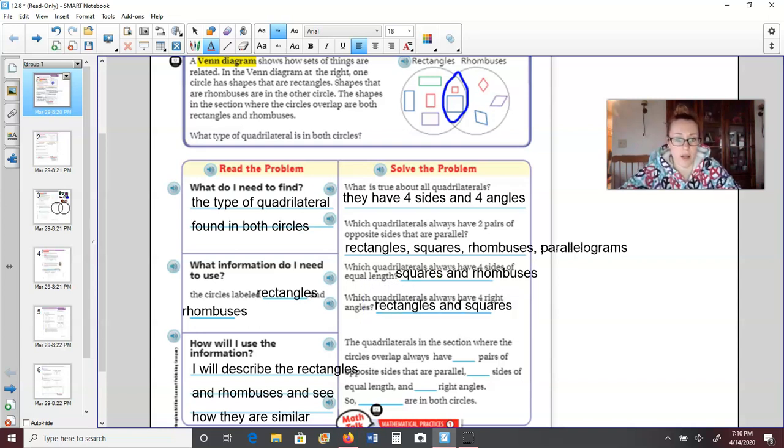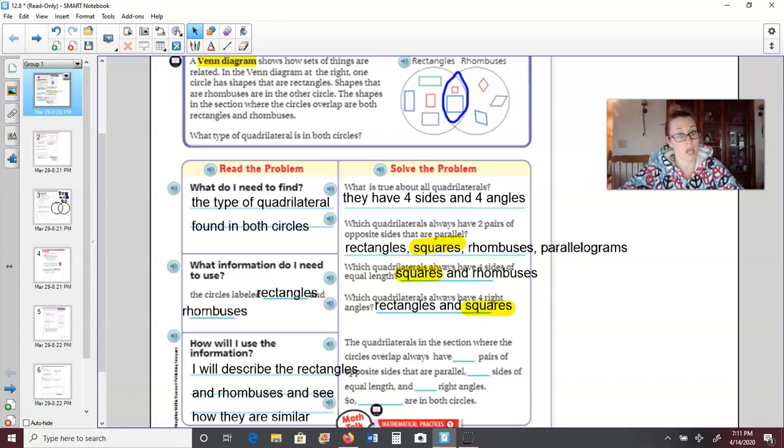So when we think about this, which type of quadrilateral did we kind of list in each answer? I'm seeing a common word: squares, squares, and squares. So could it be that those shapes in the middle of our Venn diagram are squares?